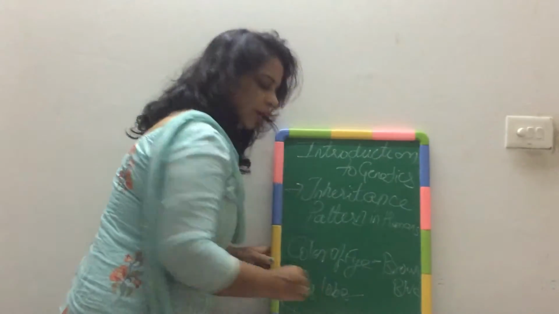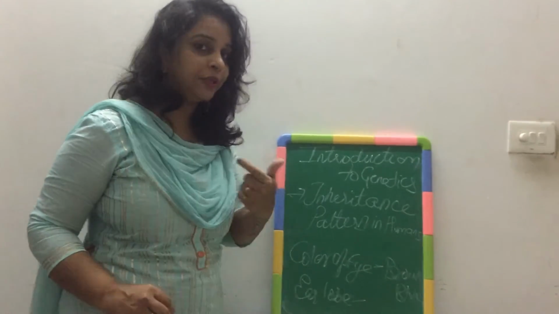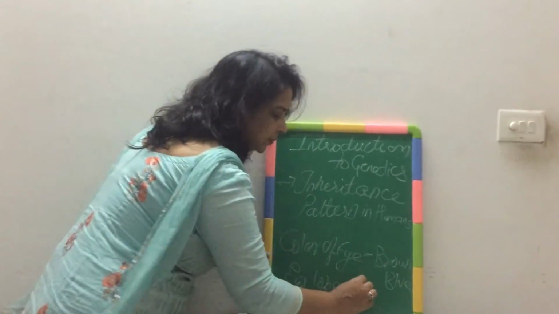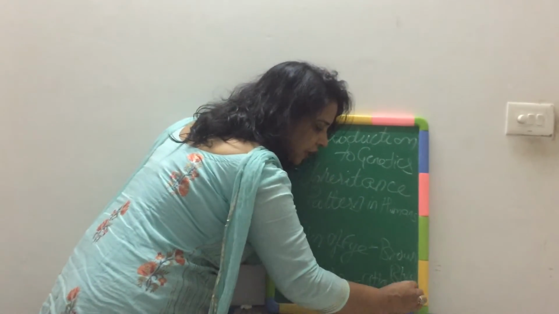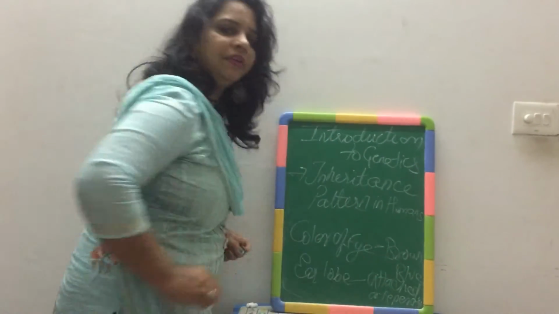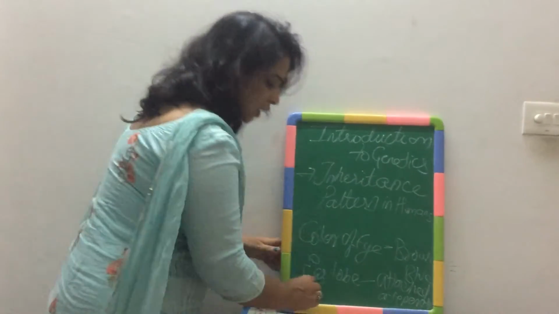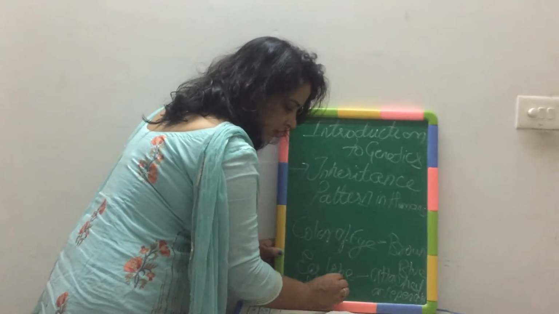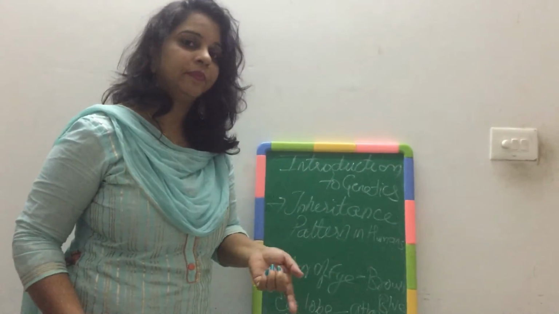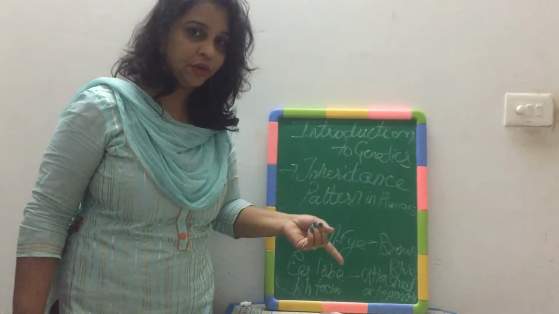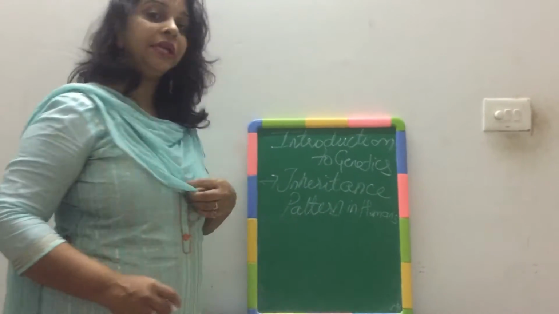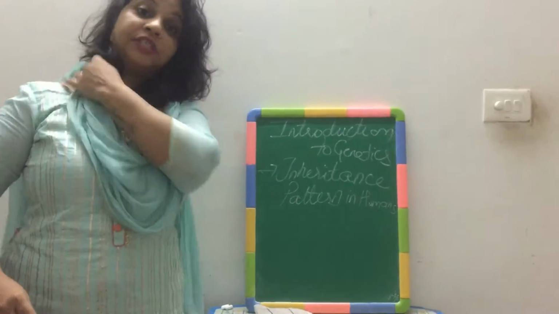The earlobe is a character, and the trait is either attached or separated. One more example is Rh factor. Rh factor is the character, and the trait is Rh positive or Rh negative. I hope you have understood the meaning of character and trait.